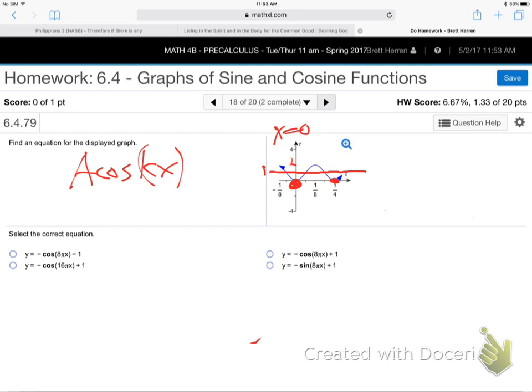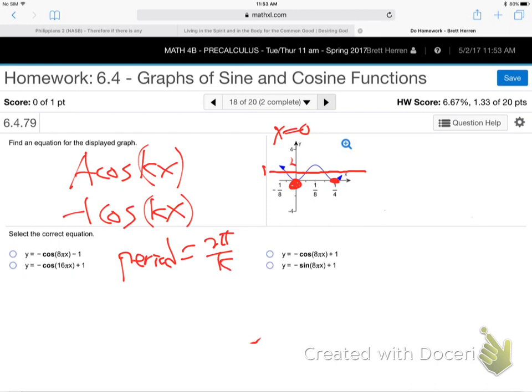It's starting low. So what's its a, then? What's its amplitude? How far above and below the midline does it go? Only 1. So it's -1 cosine kx. So far, so good. Now we just have to find the k, because it goes down first, 1 unit. How do you find the k? Period, as you know, is 2 pi over k.